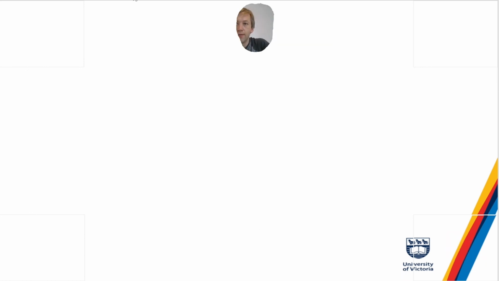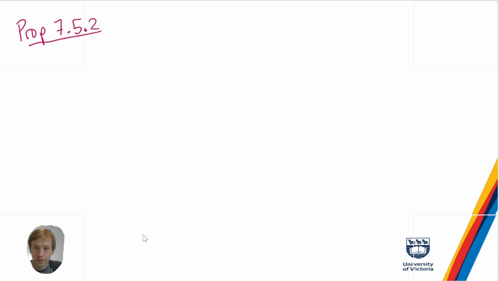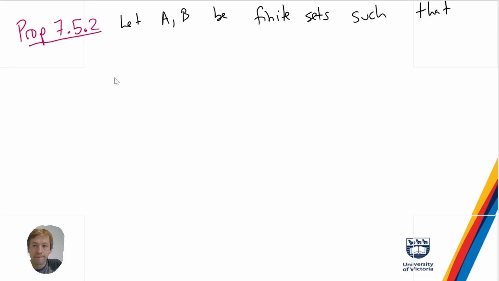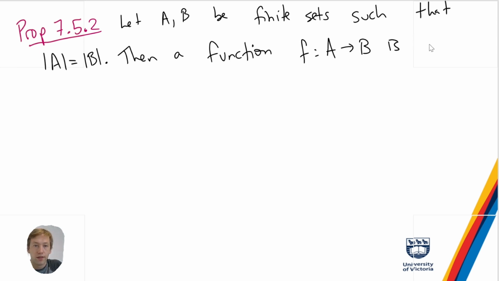Okay, so let me just mention one more thing from the notes. So this is proposition 7.5.2. So it says, let A and B be finite sets such that the size of A equals the size of B, then a function f from A to B is injective, or one-to-one, if and only if f is onto.